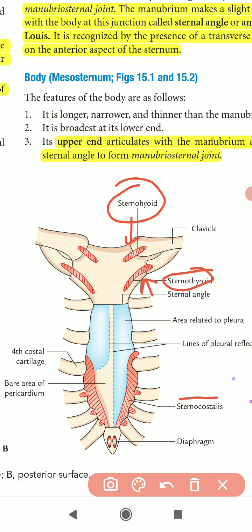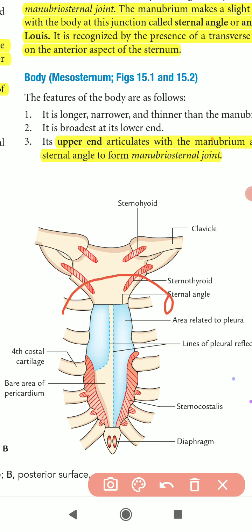In the posterior surface of the manubrium sterni, in the lower half, you will find the arch of aorta. So what is the arch of aorta? This is a great artery, a large artery arising from the heart. Just behind the sternum, on its posterior aspect, you will find the heart.